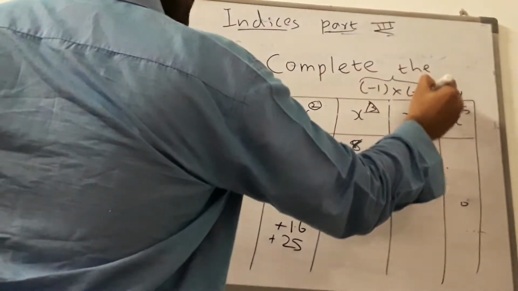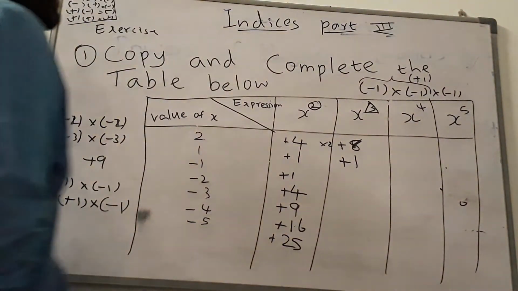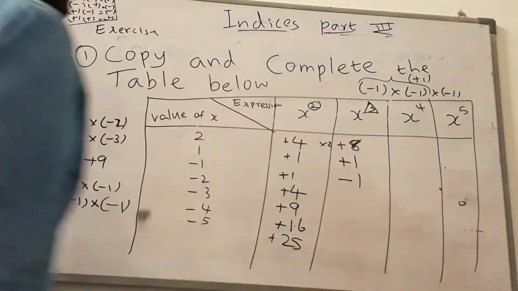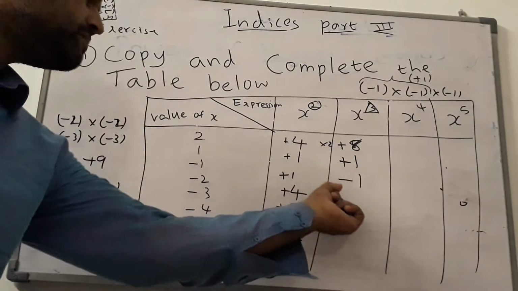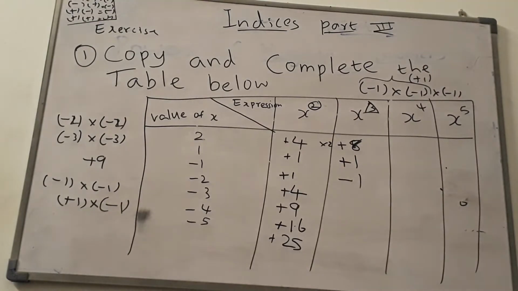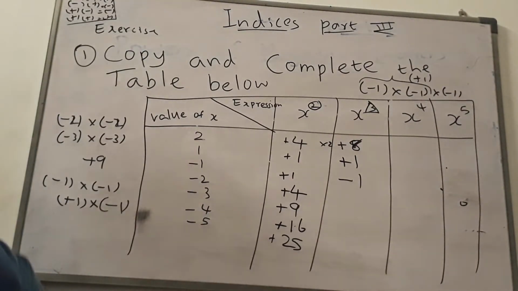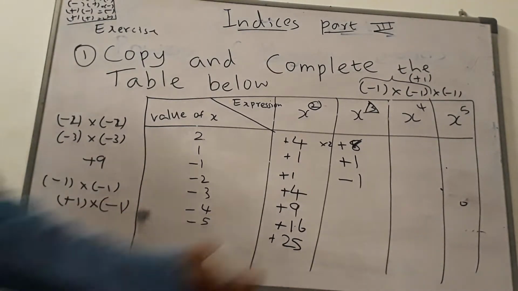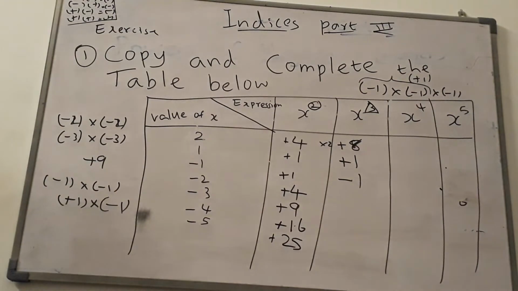That gives plus 1, and plus 1 times minus 1 means minus 1. So when we multiply 1 by itself 3 times, the answer is 1 and the sign becomes minus. Minus 1 squared is plus, while minus 1 to the power 3 is minus, because the index is an odd number.